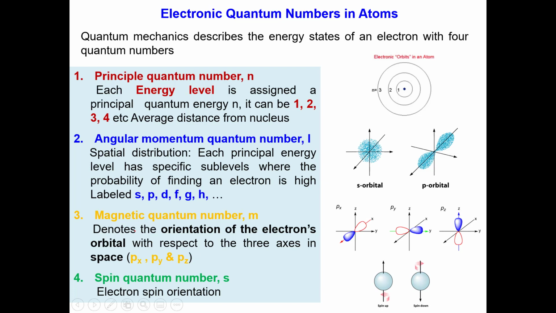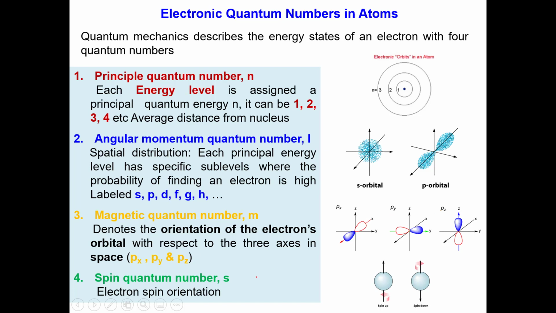The magnetic quantum number is related to the orientation of the orbit. Here is one example, the p orbital. This one is in the x direction, this in the y direction, and this in the z direction. This is px, py, pz, the orientation of the orbit.